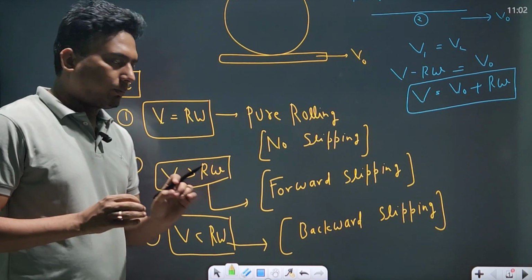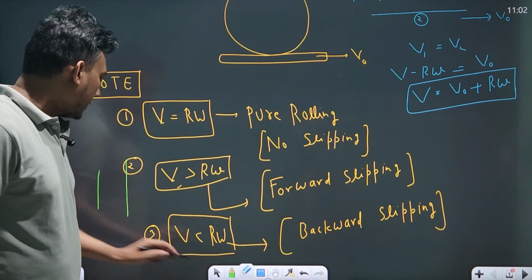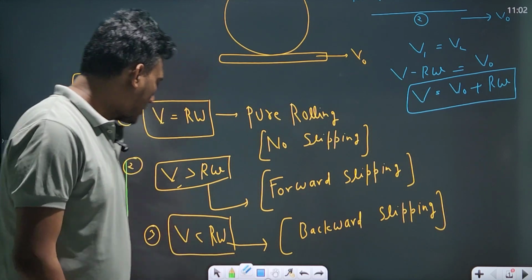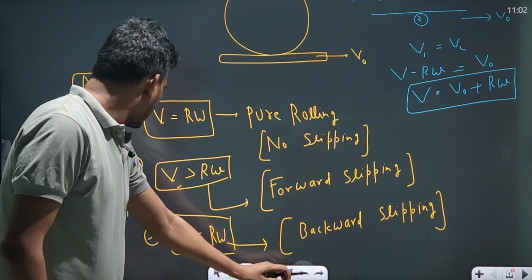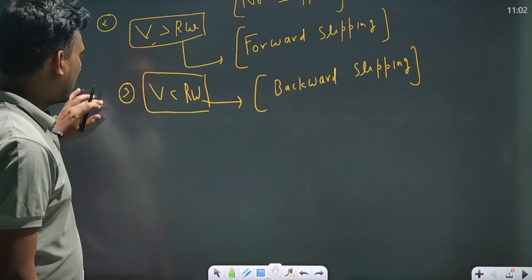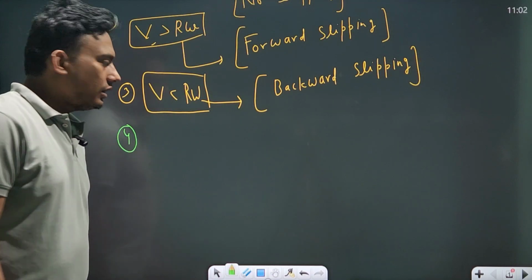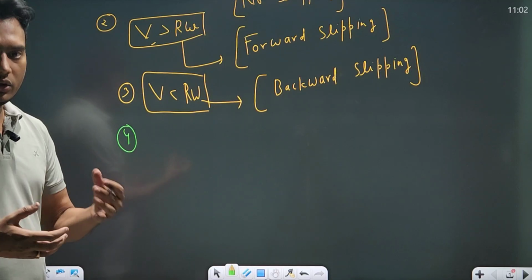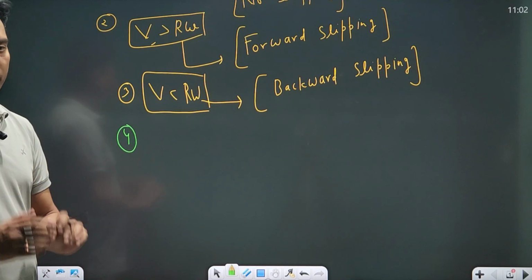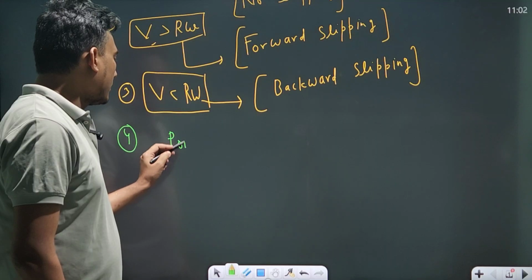One more important point we should write here, which is point 4. In pure rolling and in a rolling motion, one point should be remembered: the point of center of mass.